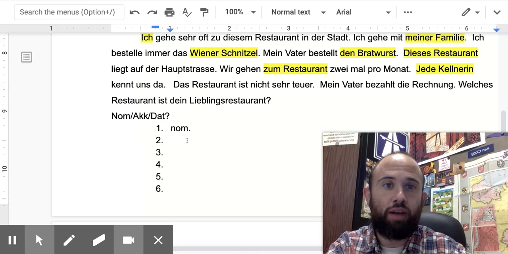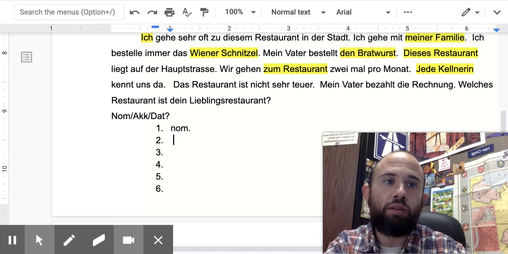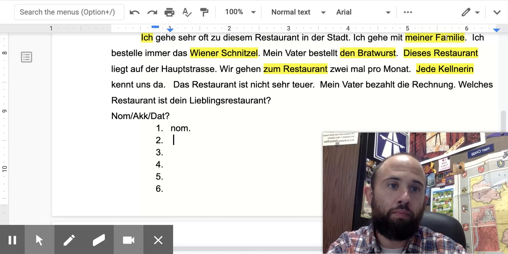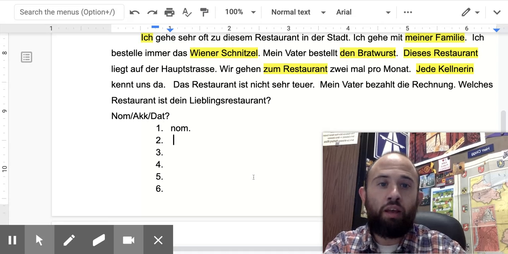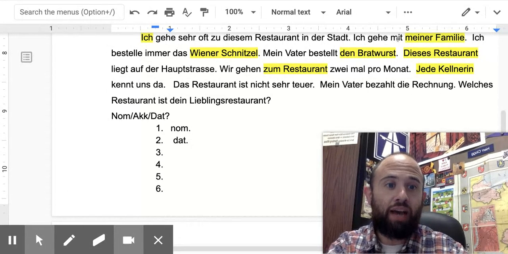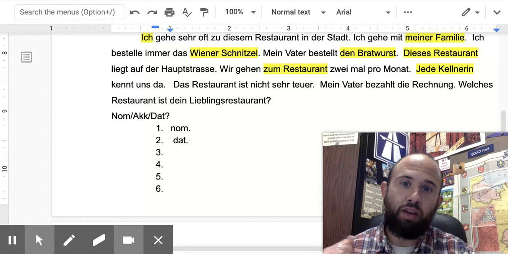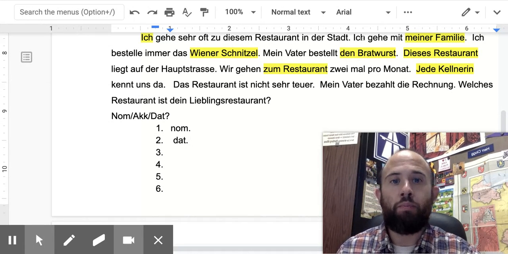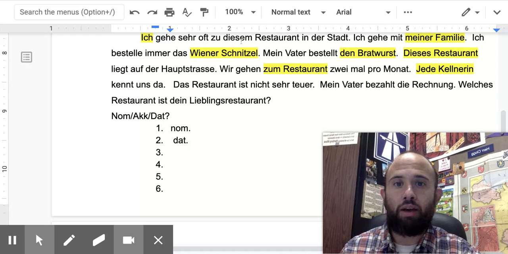It's the subject. What about meiner Familie? Nominative, accusative, or dative? It's dative. Why? It's a mit. Außer bei mit, nach, zeit, von, zu. Remember, mit makes that automatically dative.